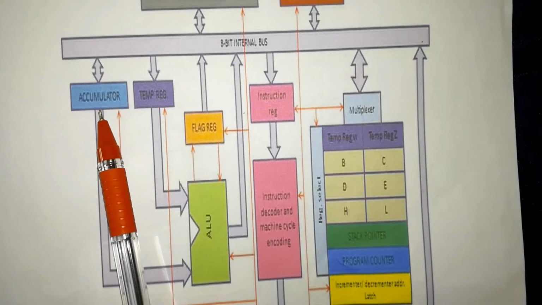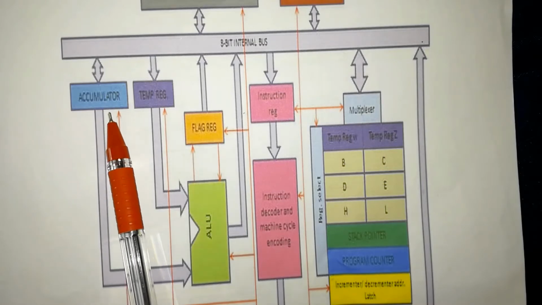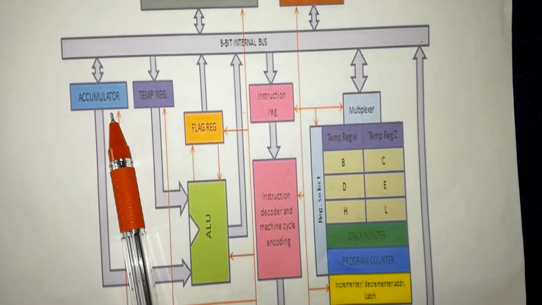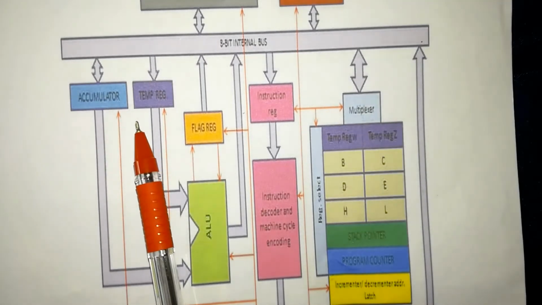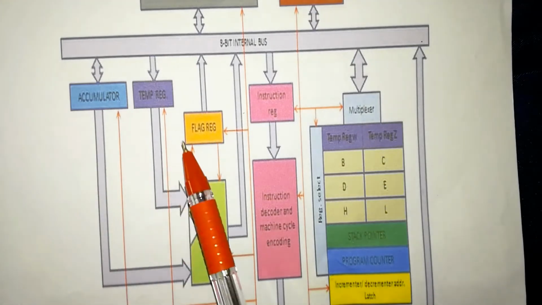One of the operands is stored in accumulator. It can be used as both source and destination register and can be used to store final result. It is used for input and output operation. So in short, this is about accumulator.